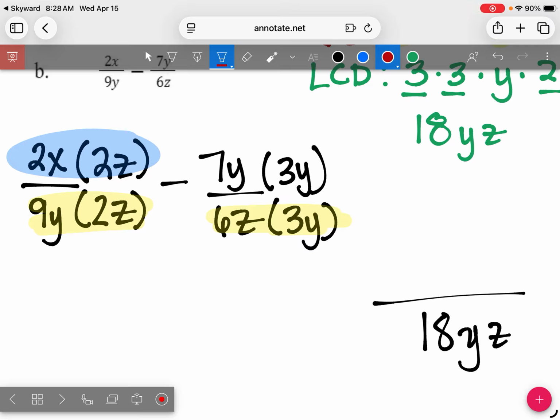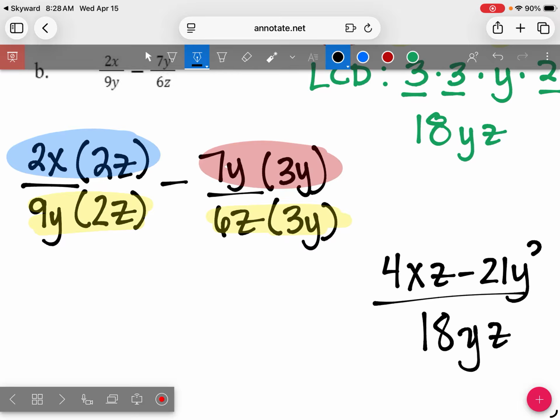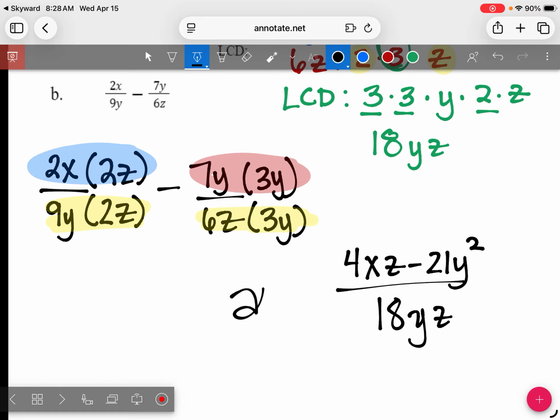And you're going to do the same thing with the 7y times 3y. So 2x times 2z is 4xz. 7y times 3y is 21y squared. And that would be your answer.